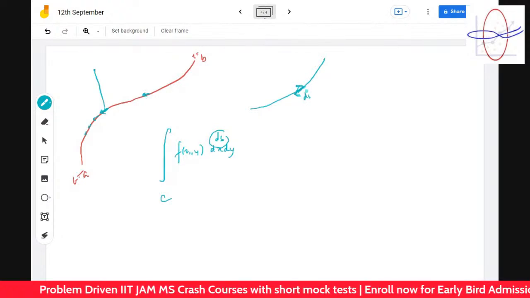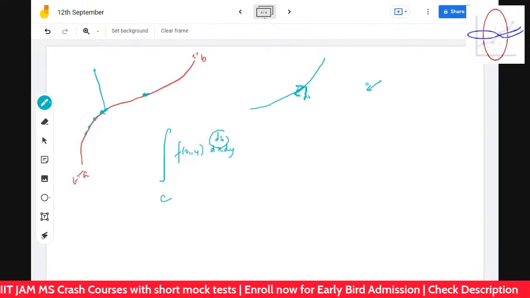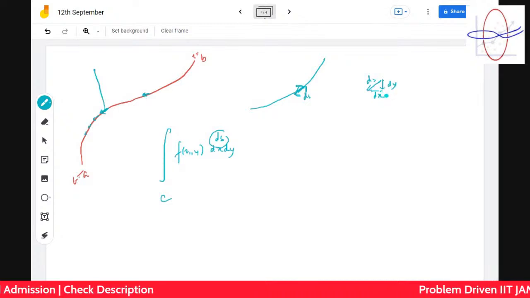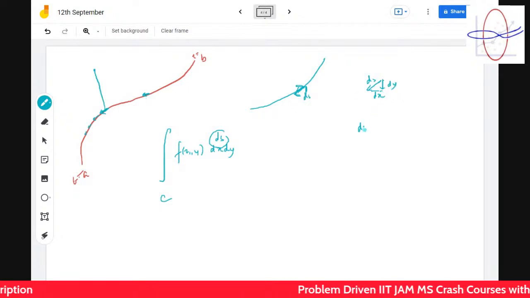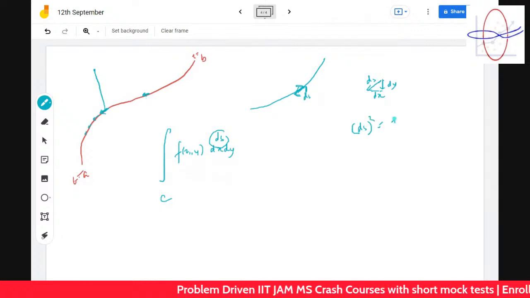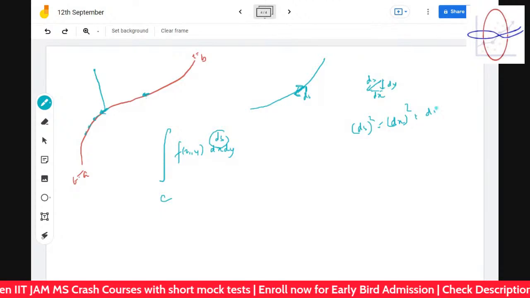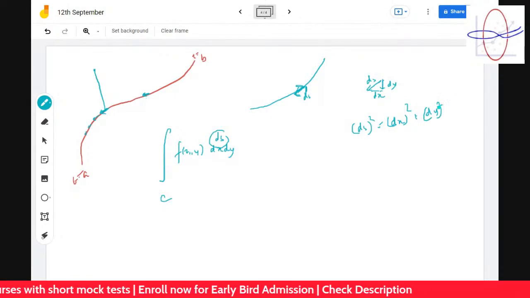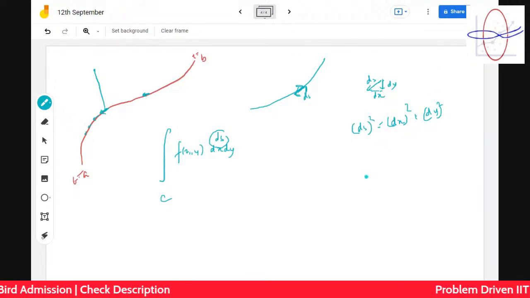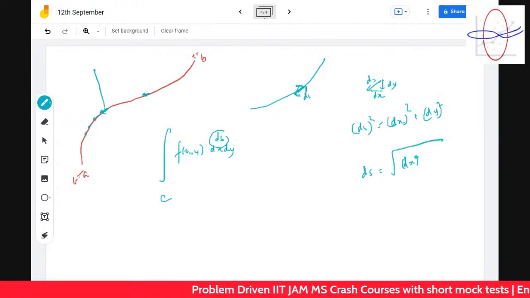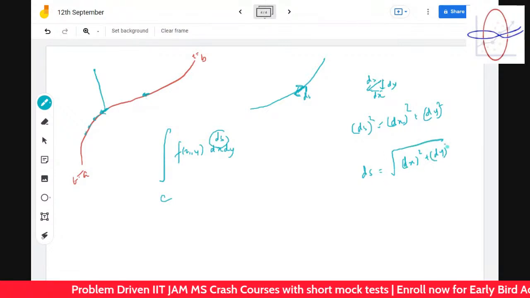This ds, small ds, is nothing but this is dx and this is dy, and therefore it turns out that ds square is equal to dx whole square plus dy whole square. This is a very important idea, and therefore we have understood that ds is equal to root over dx square plus dy square.